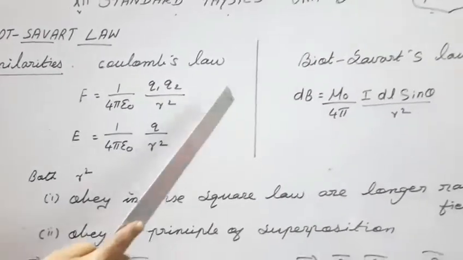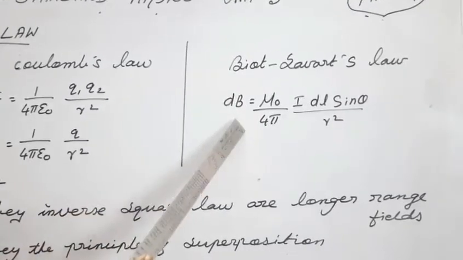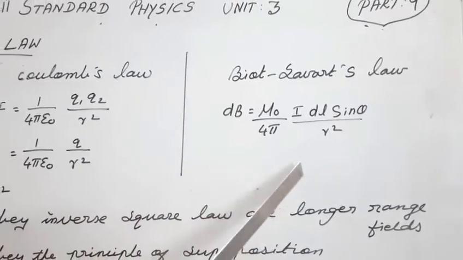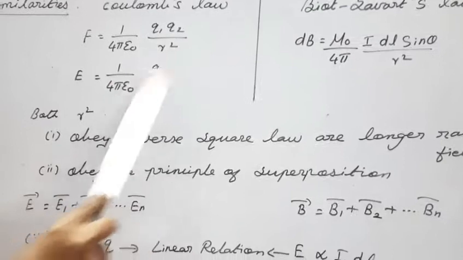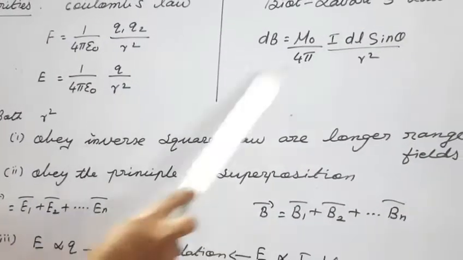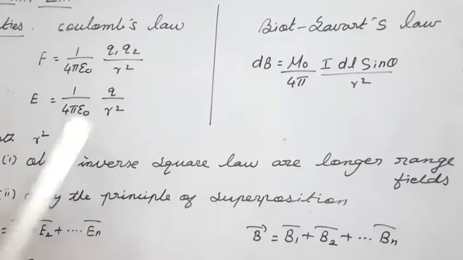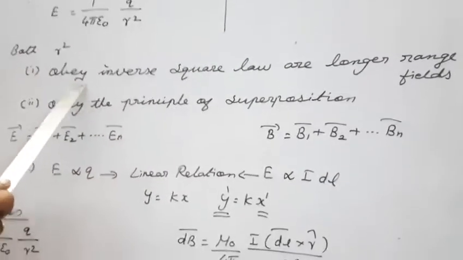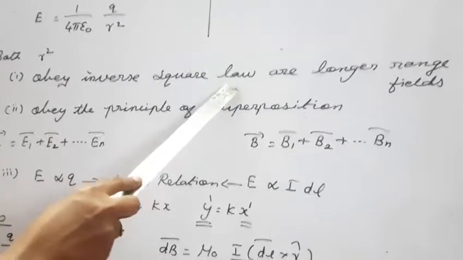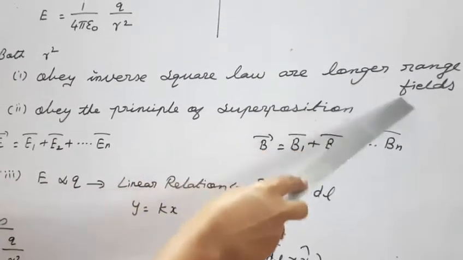And in Biot-Savart law, dB equals mu naught by 4 pi I dl sine theta by r square. So in both formulas, r square is in the denominator. Therefore, these two formulas obey the inverse square law and are long range fields.